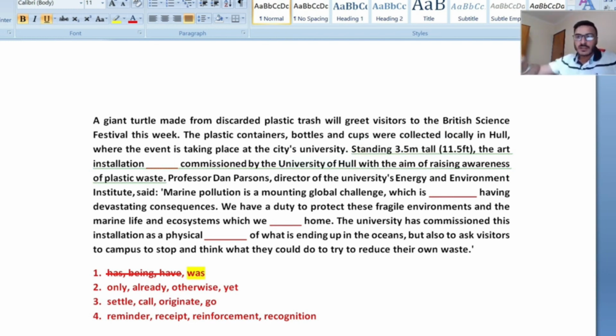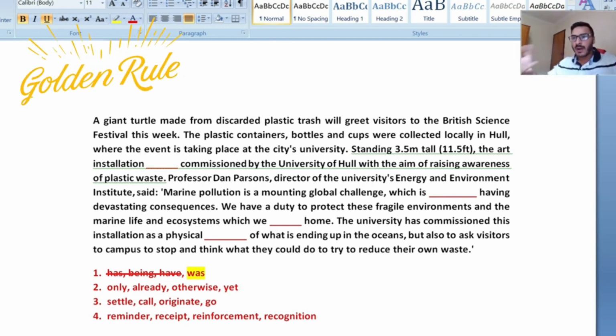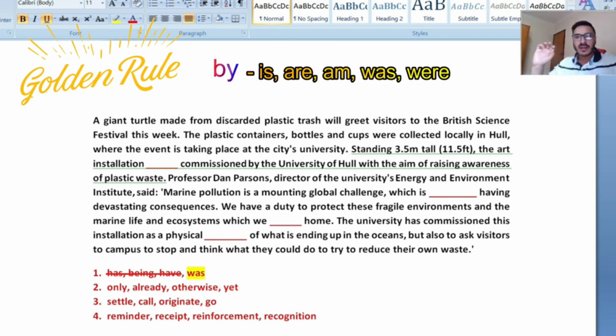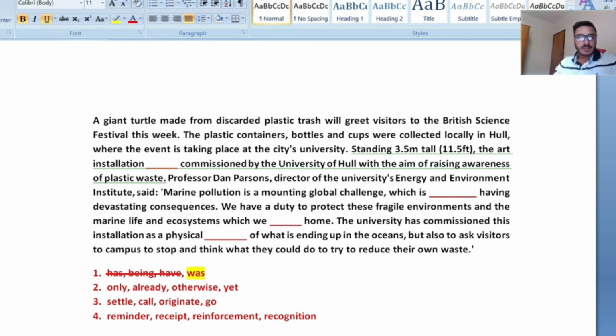I'm not saying this paper had done by me or have done by me or this paper have commissioned by me. No, was commissioned by. When we are using by, there is a golden rule. When we are using by, is, are, am, was, were will be there, right?